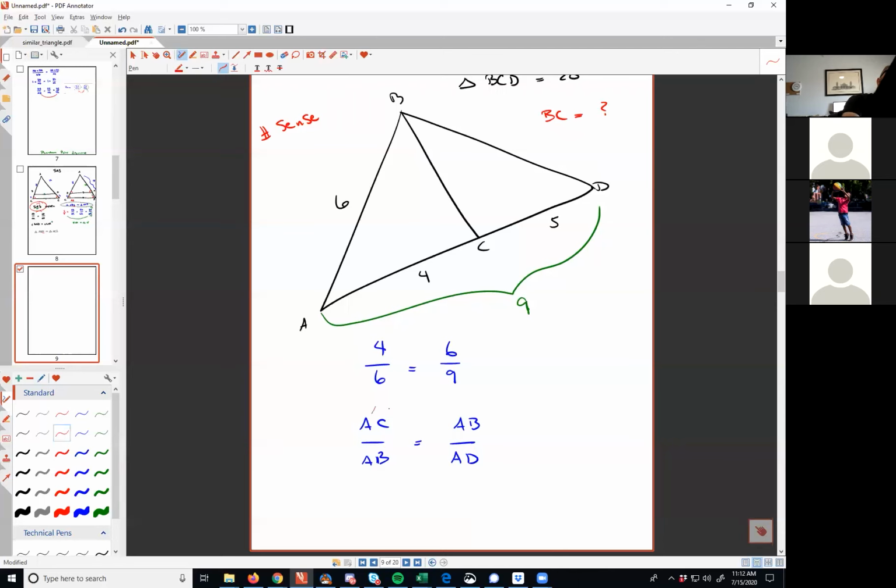Of course, we can just look at the vertices. That tells us we want to look at triangle ABC. And then we can look at the vertices down here. It tells us we want to look at ABD, the big triangle. What angle do they share?